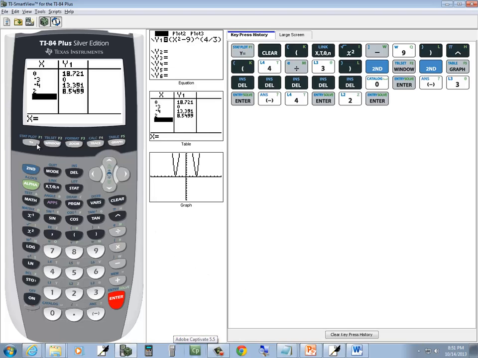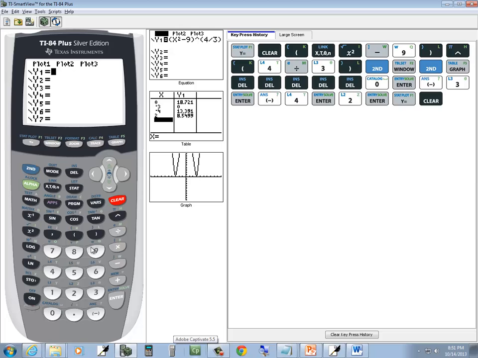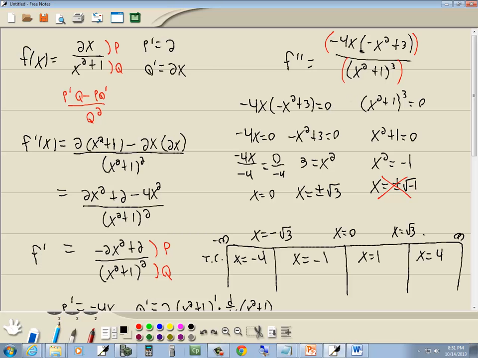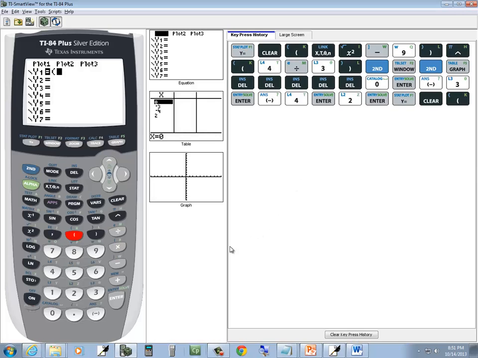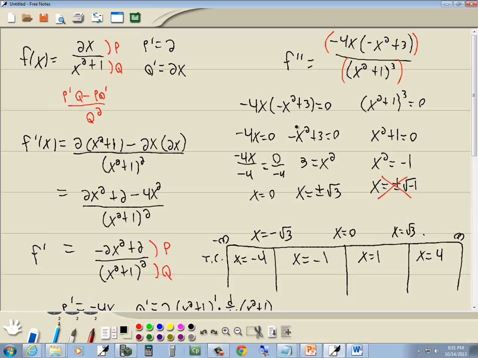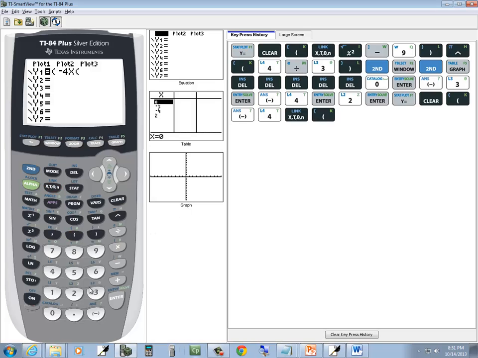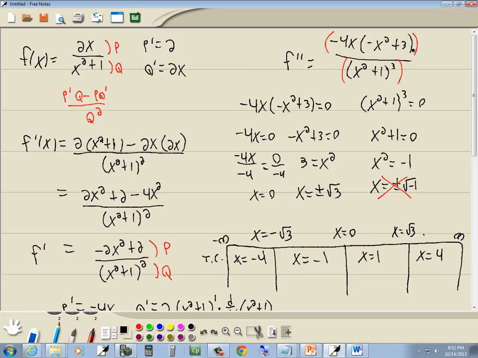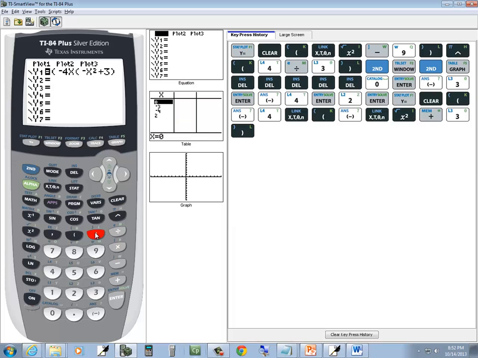Okay, so I'm pressing y equals, press clear. Beginning parentheses on top, that's this one right here, negative 4x. Notice it's not the minus, it's the negative on the bottom row. And beginning parentheses, then negative x squared plus 3 closing parentheses, that's this one right here, and then another closing parentheses.